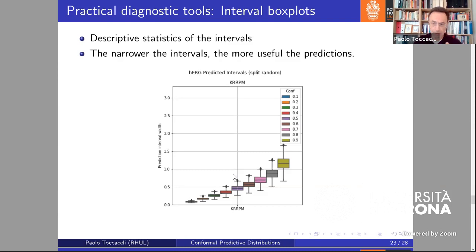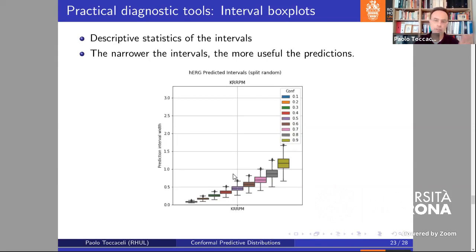You get the median, you get the first quartile, the 25th quantile, the 75th quantile, and this is basically what the box plot represents, and you also have the outliers. And this allows you to see how the intervals vary with different confidence levels.